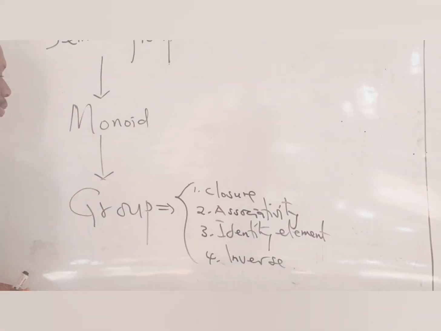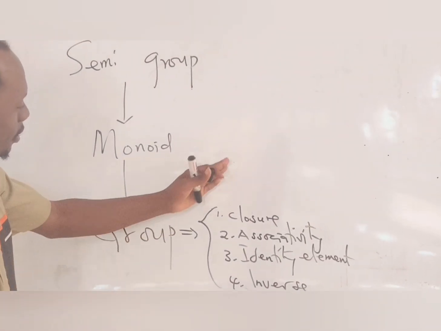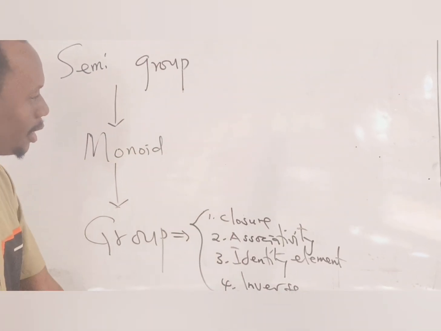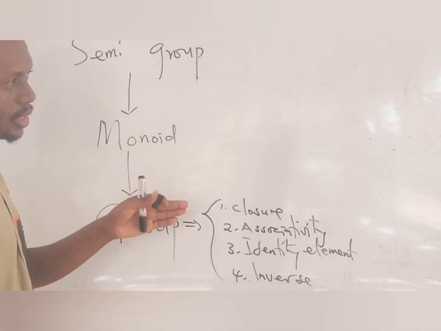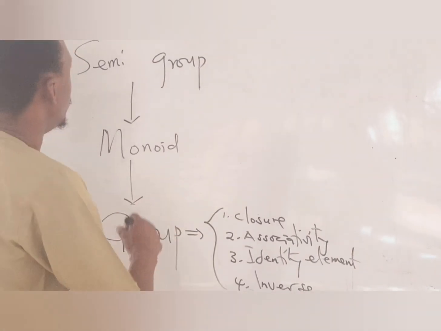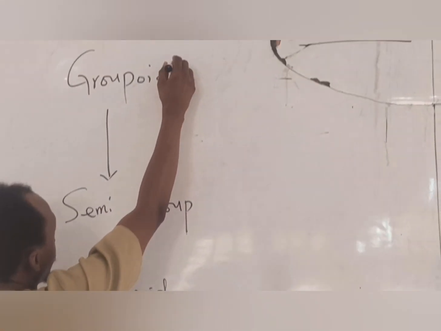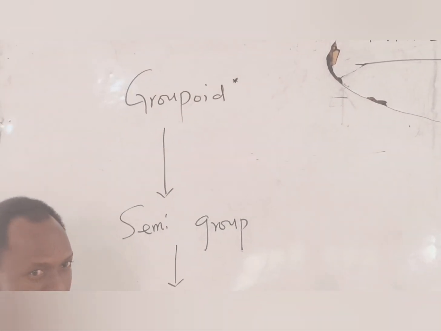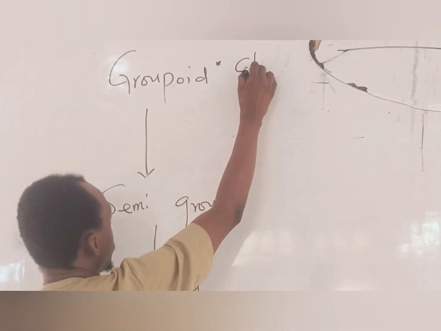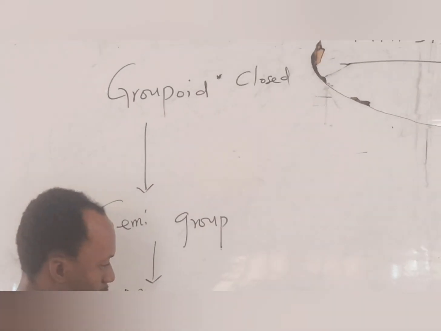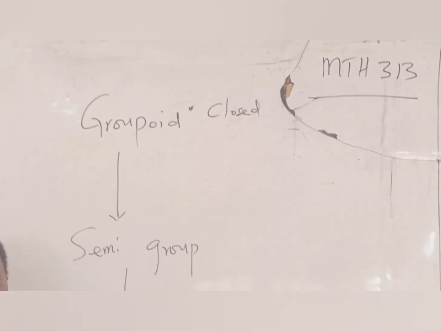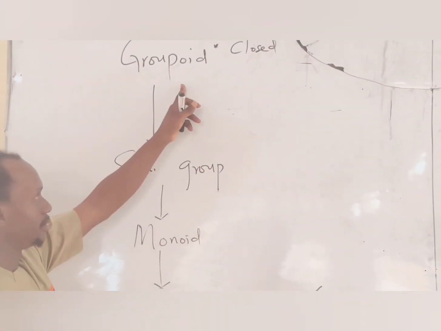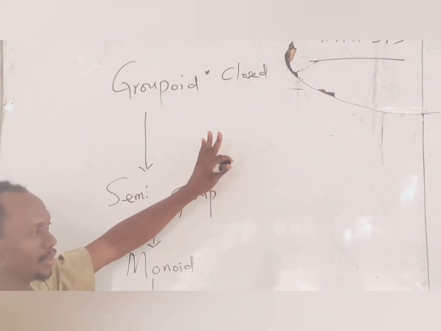So you see, these are the 4 attributes or properties or features of anything we call what? A group. Now watch. The first one is a groupoid, a non-empty set with a binary operation.